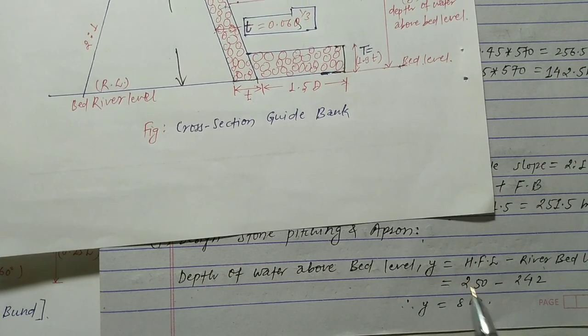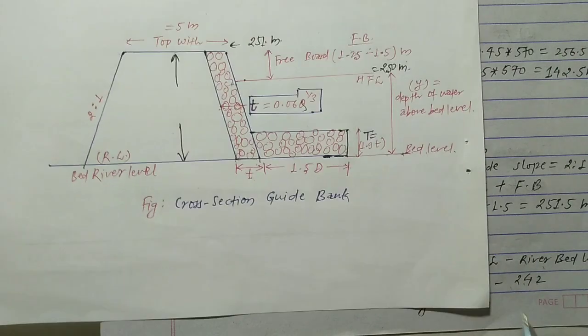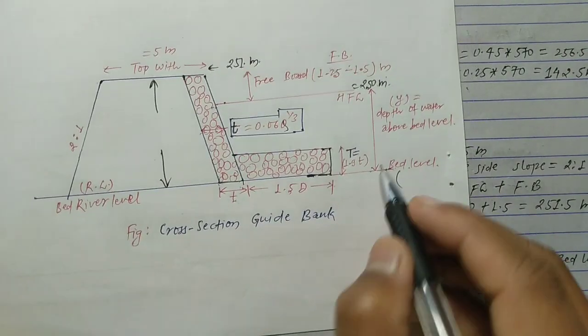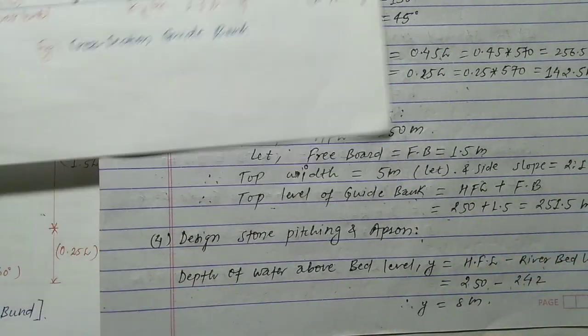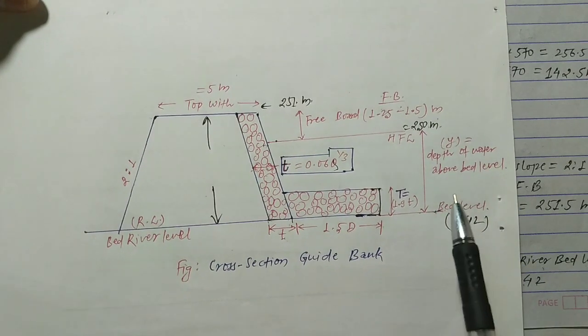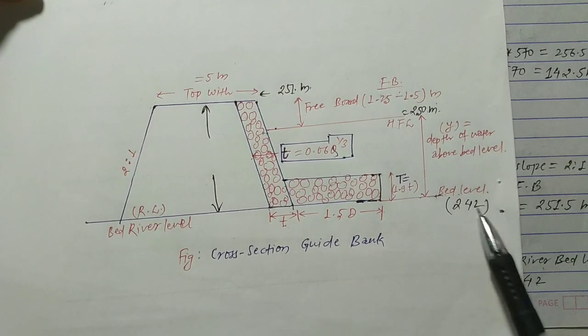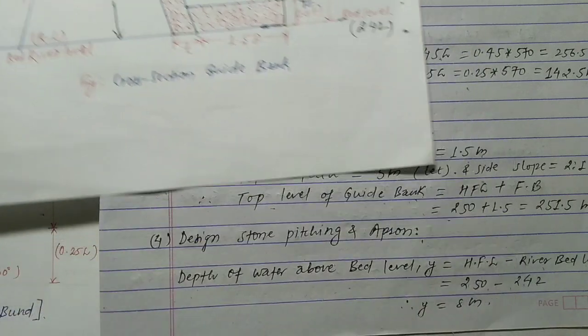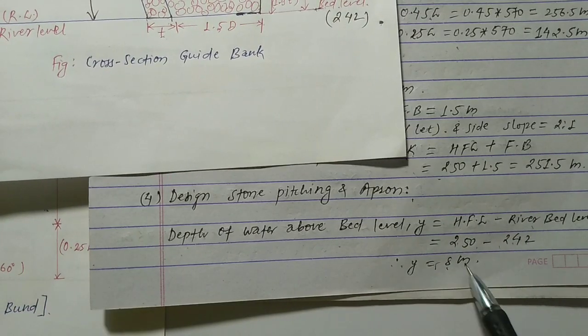So y becomes 250 minus 242. Okay, the HFL is 250, and this bed level is given in the question as 242. After subtracting this 242 from this value we get the value of y. Okay, so the value of y becomes 8 meter.